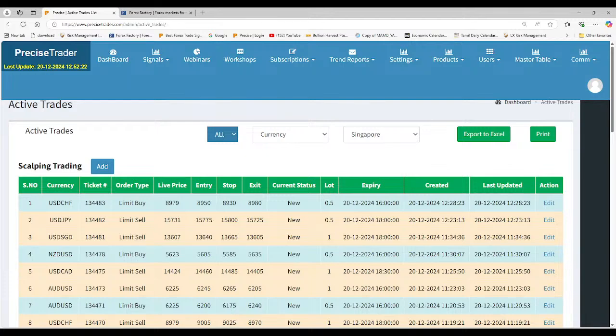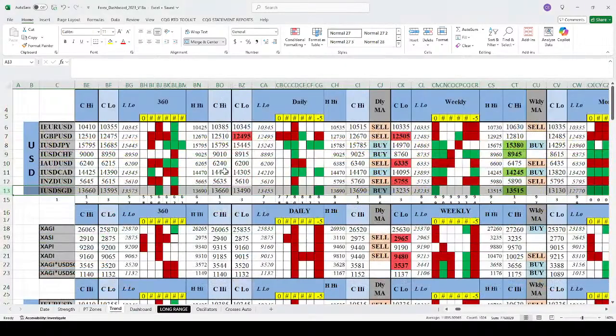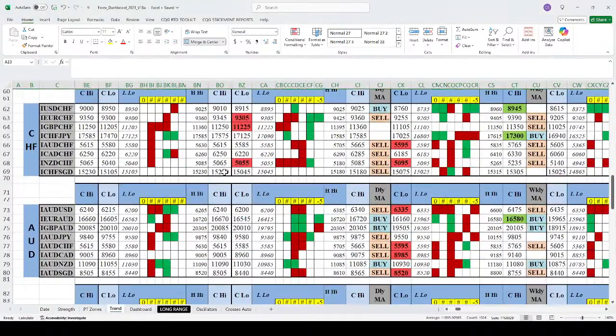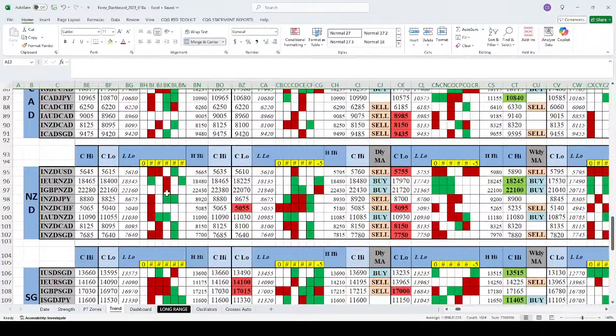let me go to the system and see whether we are getting any clues on the crosses. Okay, the Euro Sing on the hourly, pound, yen, Aussie, all have turned down on the hourly.